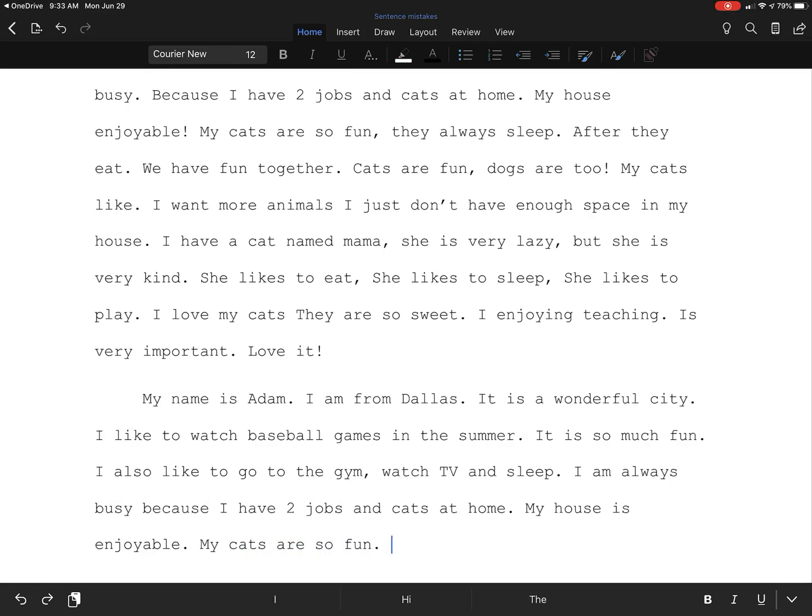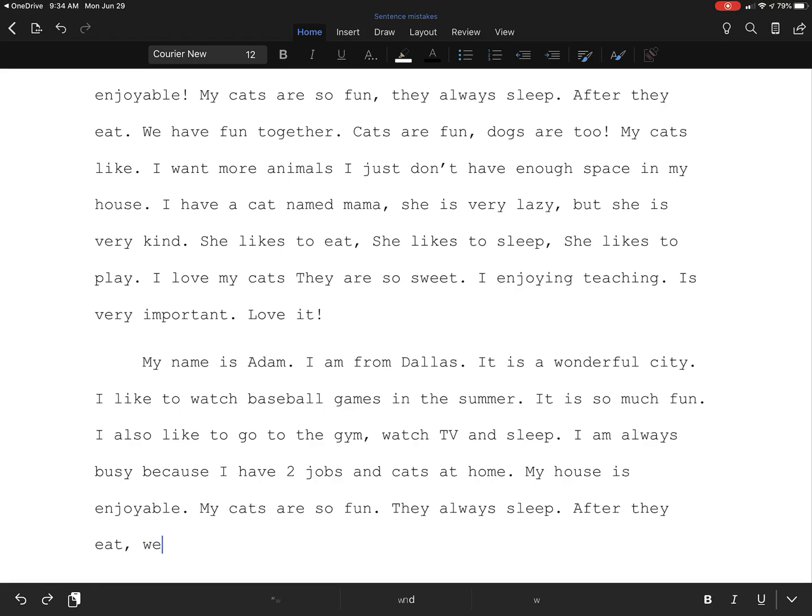My cats are so fun, period. New sentence. They always sleep. And then like I said, after we need 2 parts, it can't be together. So we'll say, after they eat, comma, we have fun together.